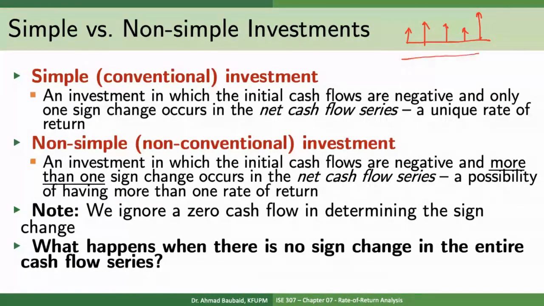Everything is positive, or alternatively, everything is just costs. What happens in that case? You can answer either intuitively, conceptually, or mathematically if you want. So what happens to the rate of return? What do you think is going to happen?